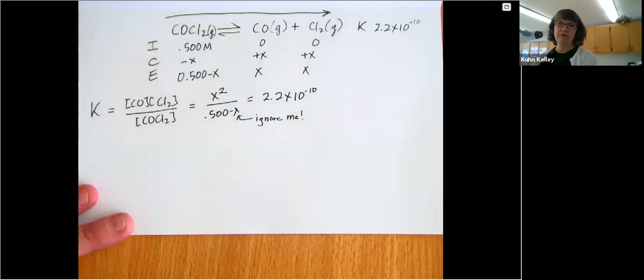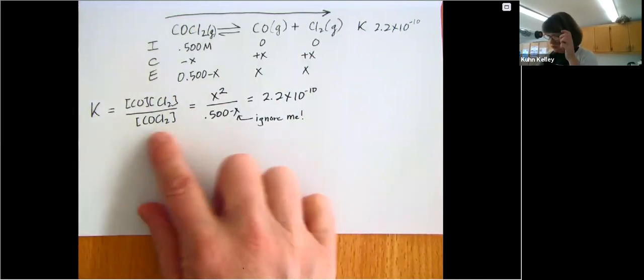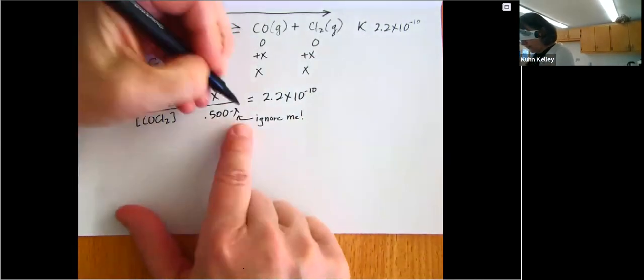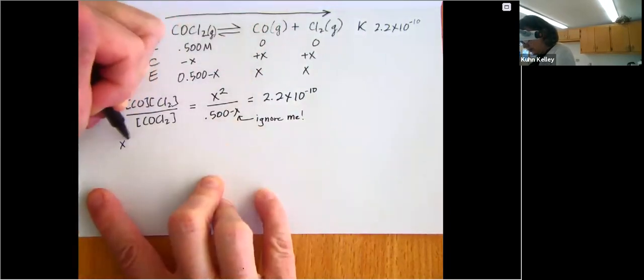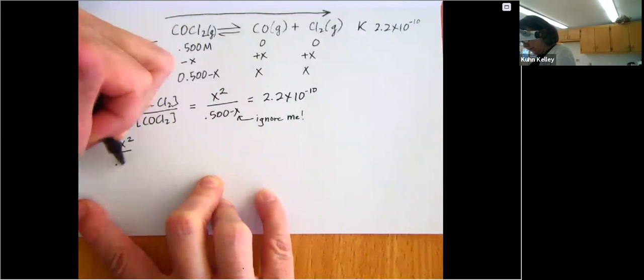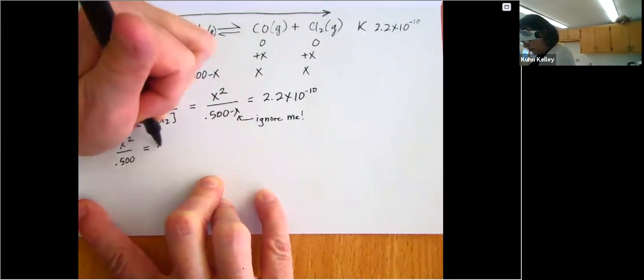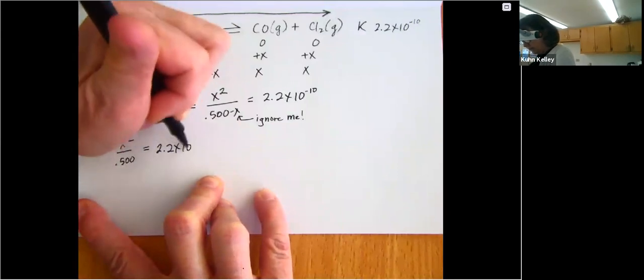So I'm going to walk you through the process of ignoring X and then proving that you were legitimate to ignore X. So the first thing that we'll do is tweak this to ignore this, and I'll bring this down. X squared over 0.5 equals 2.2 times 10 to the negative 10th.